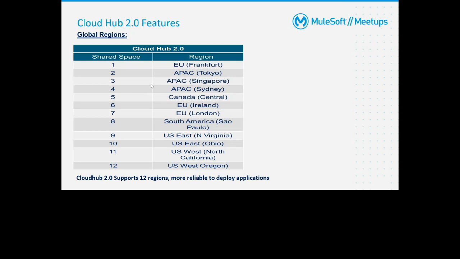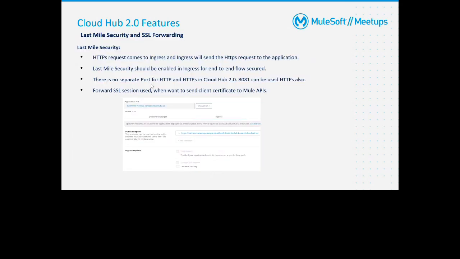Another is last mile security and SSL forwarding. CloudHub 2.0 added some features in security. Last mile security is when an HTTPS request comes to an ingress load balancer, and the ingress will send the HTTPS request on to your application.